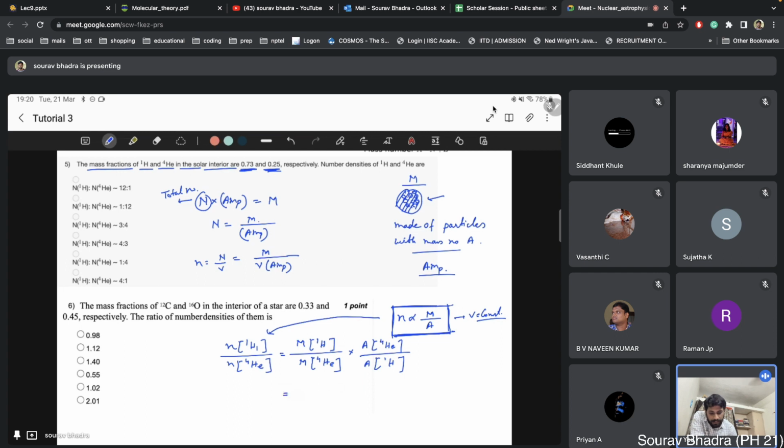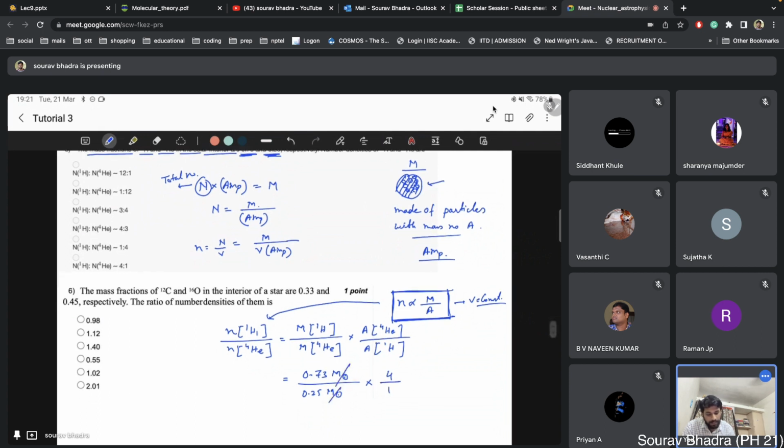And in your question the mass fraction is given as 0.73. Mass fraction means how much of the total mass is in that particular nucleus. So 0.73 of the total mass, say the mass of the Sun, is in hydrogen, and 0.25 of the total mass is in helium. A of 4He is 4 and for hydrogen it is 1.